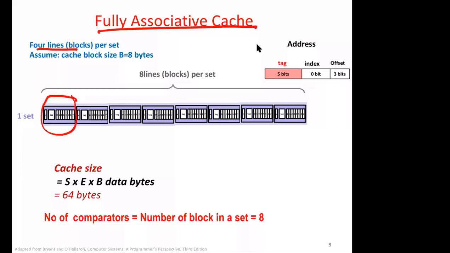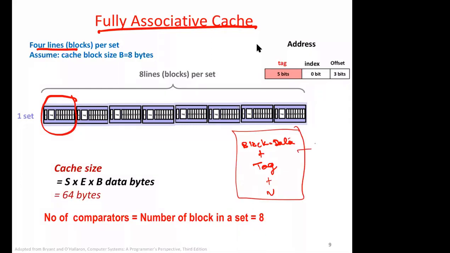As I said, a block of data is nothing but data, plus we have tag bit, plus validity bit. We put all together and call this a line. Some authors call it a line, but we can also call this a block which contains data plus tag plus V. It totally depends on what terminology people use.